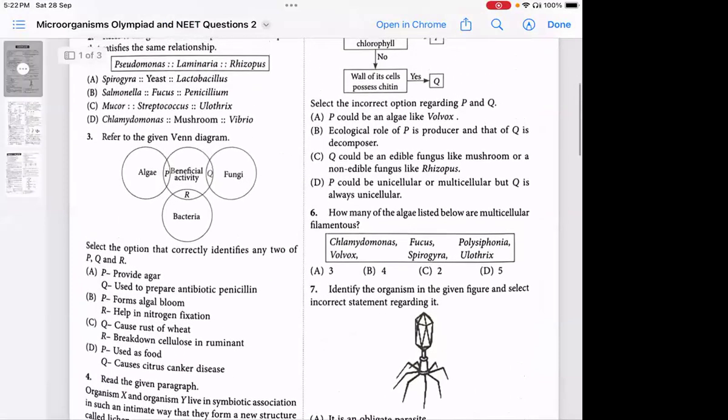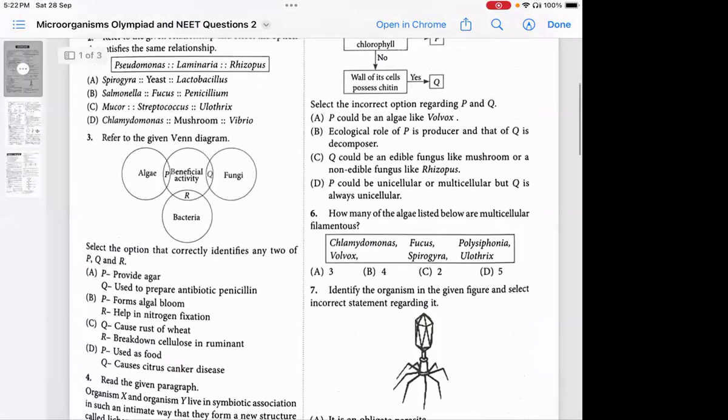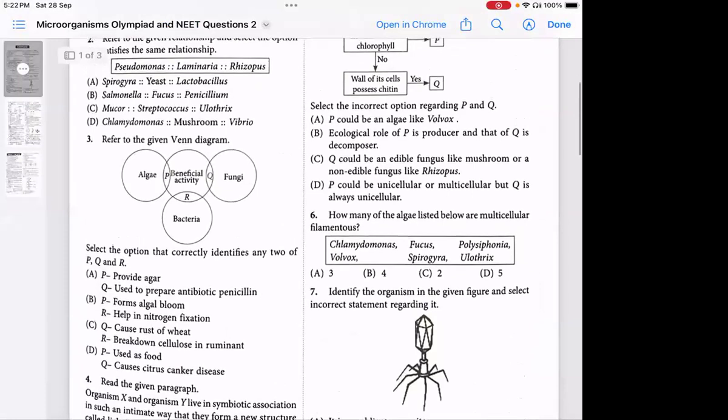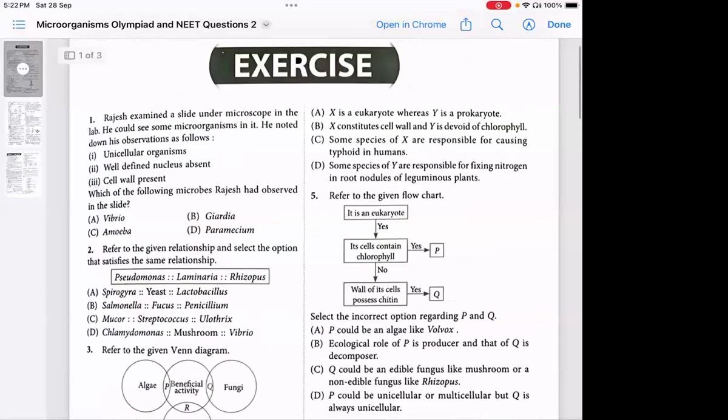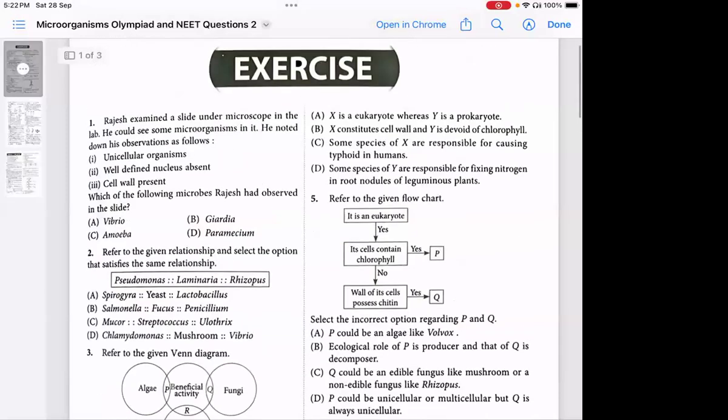Organism X and organism Y live in symbiotic association in such an intimate way that they form a new structure. So in class 7th also you might have learned about it, right? 2 organisms live together. Out of these 2, one can prepare the food, the other one cannot prepare the food, but yes, they can provide the shelter.